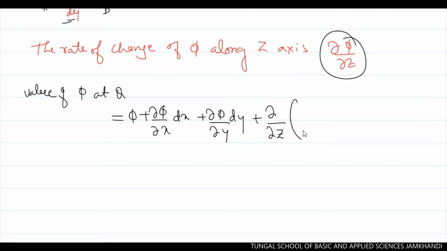It now depends on both coordinates x and y, so I can write phi plus dou phi by dou x into dx, plus dou phi by dou y into dy, into the whole bracket, that becomes dz.